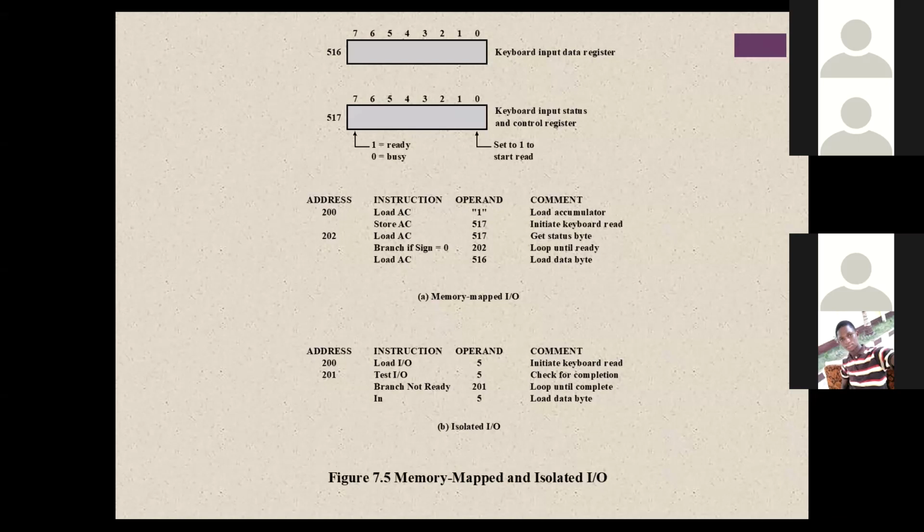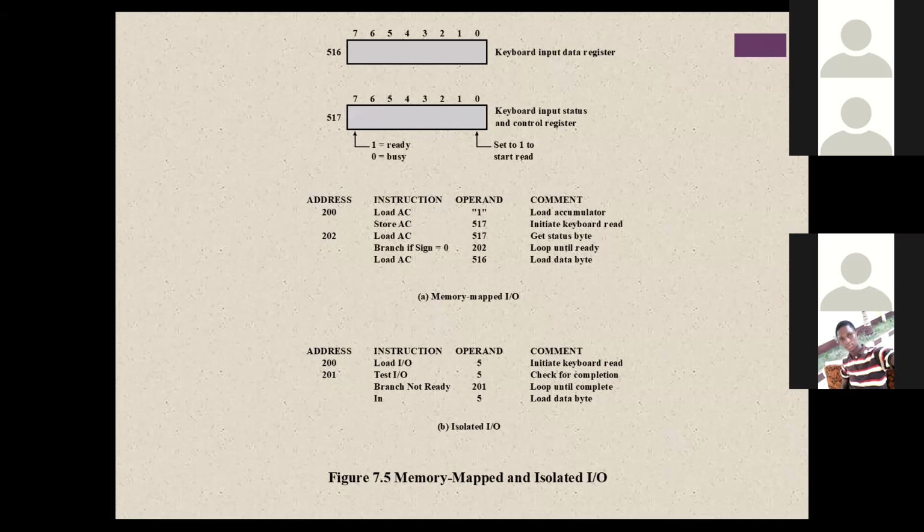For most types of processors, there is a relatively large set of different instructions for referencing memory. If isolated I/O is used, there are only a few I/O instructions.